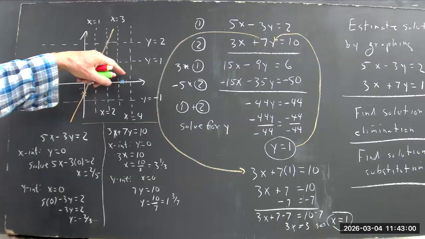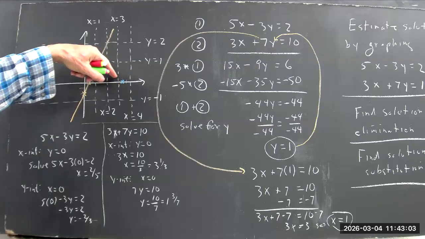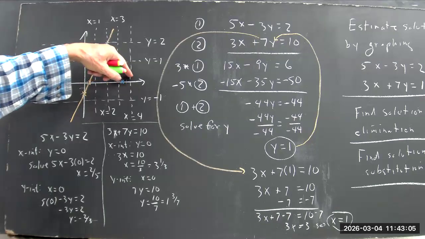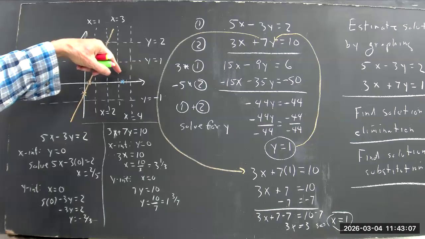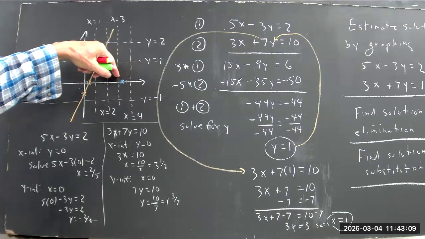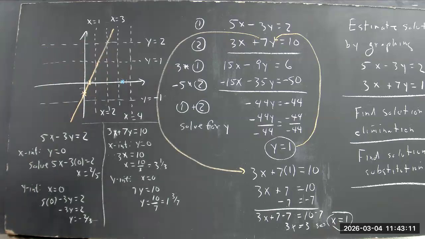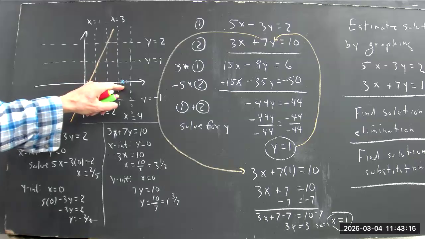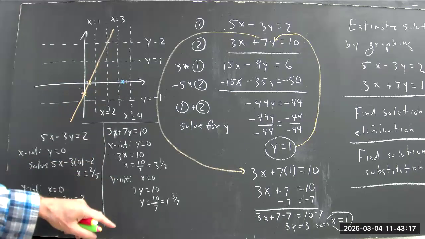If I've got 2 marks in between to divide this interval from x equals 3 to x equals 4 into 3 parts, the first one to the right of the x equals 3 will be 3 1/3. And I do that on the x-axis because that's the x-intercept.